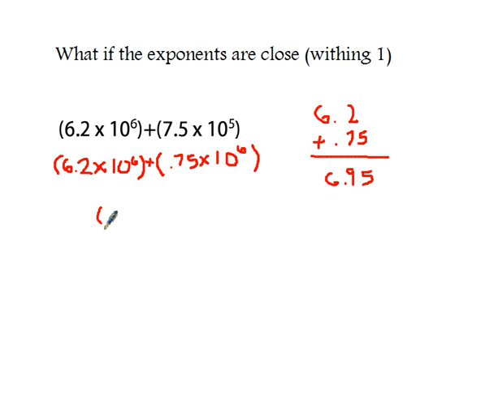And I end up with 6.95 times 10 to the 6th power. Now I'm going to look at this and say, is this in correct scientific notation? It is, so I can leave it alone.